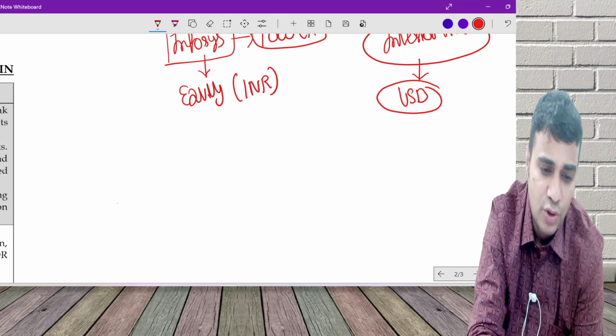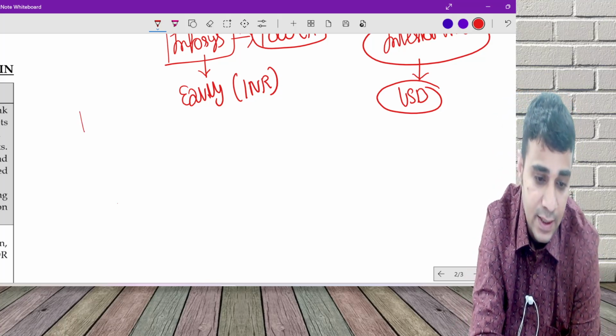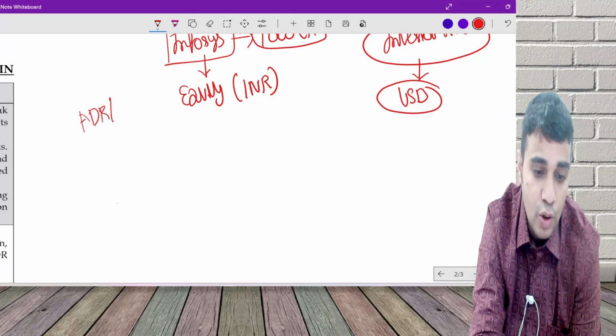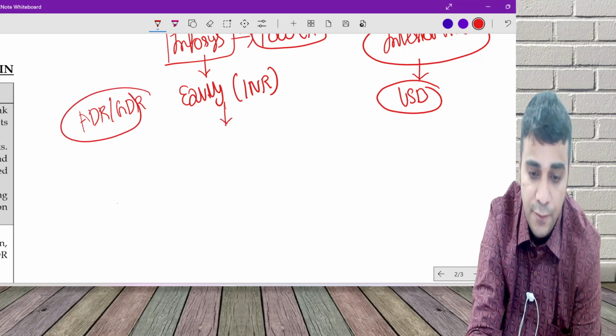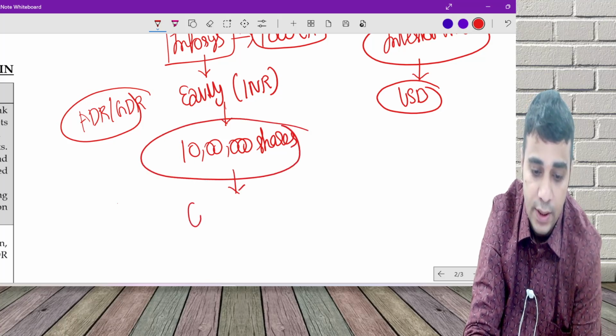You can say both are the same, ADR or GDR. ADR is called American Depository Receipt and GDR is called Global Depository Receipt. What will happen here is Infosys will deposit 10 lakh shares to a custodian.